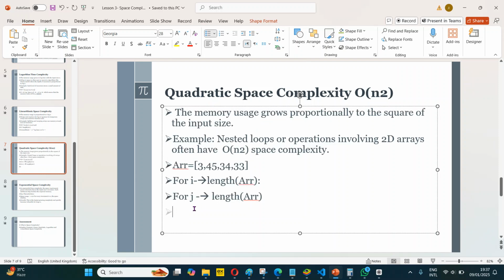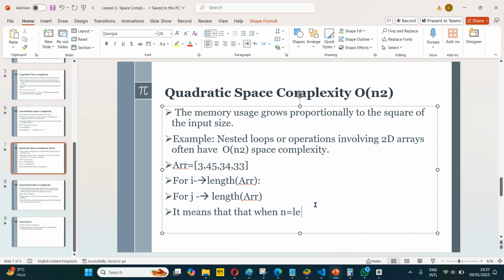Let me use n for the length of our array. The length of our array here is 1, 2, 3, 4.